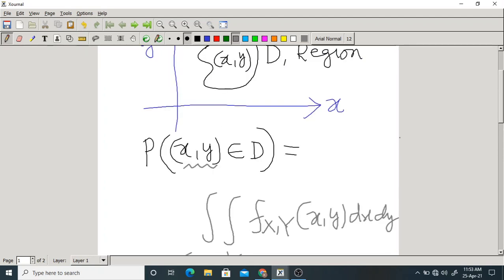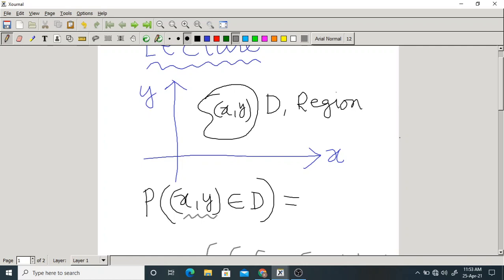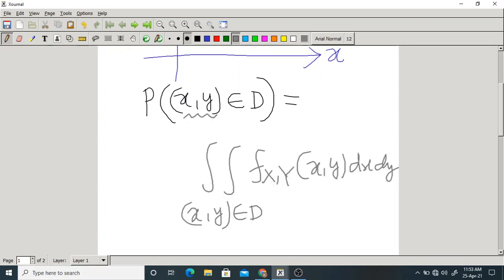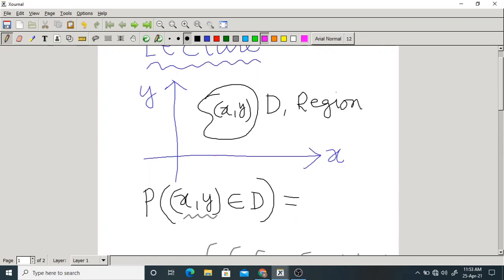So this is the probability that x, y belongs to this region D. We integrate over this region, not simply the PDF, but the joint PDF. How do we get these limits? The limits depend upon this region.